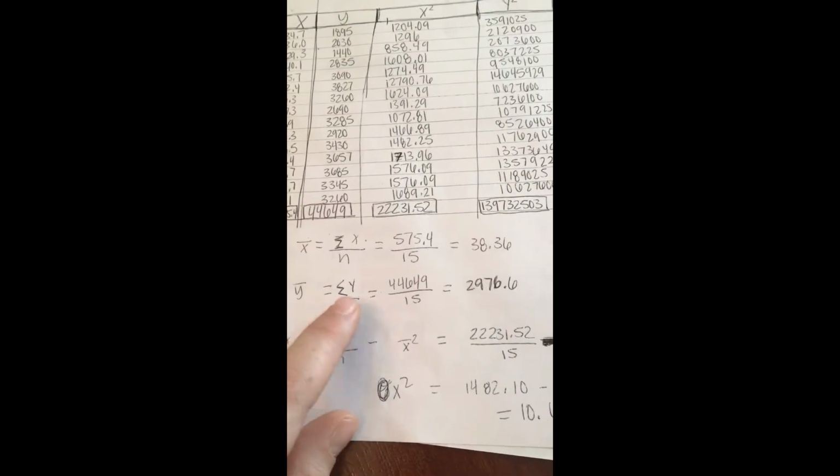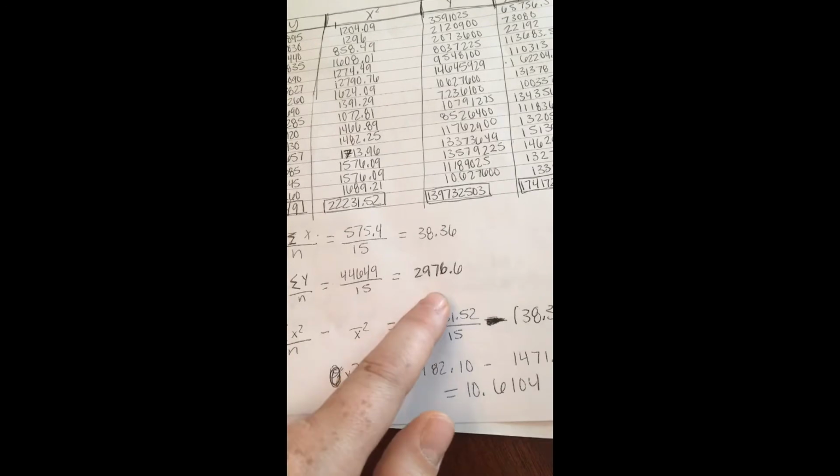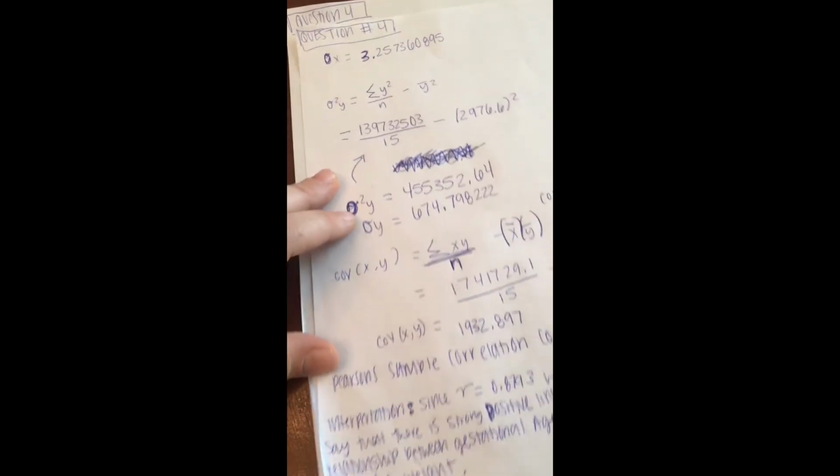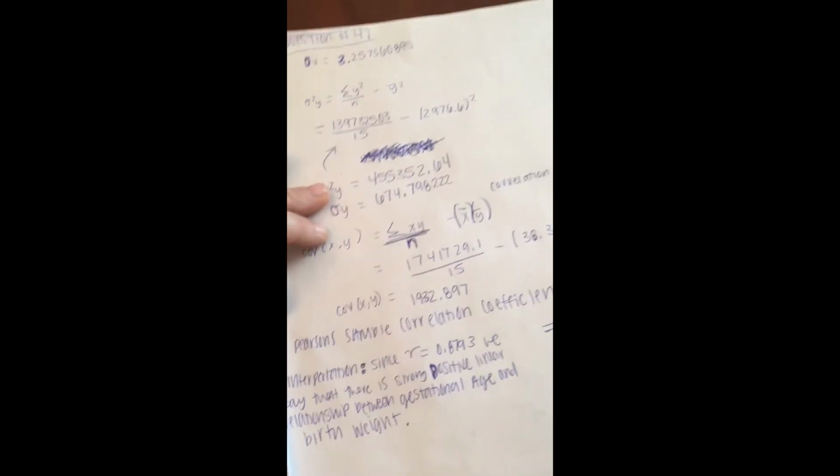Same thing with the sum of y over n, you get 2976.6. You keep going all the way down, x squared, y squared, and then you multiply them. And then I have these numbers here.